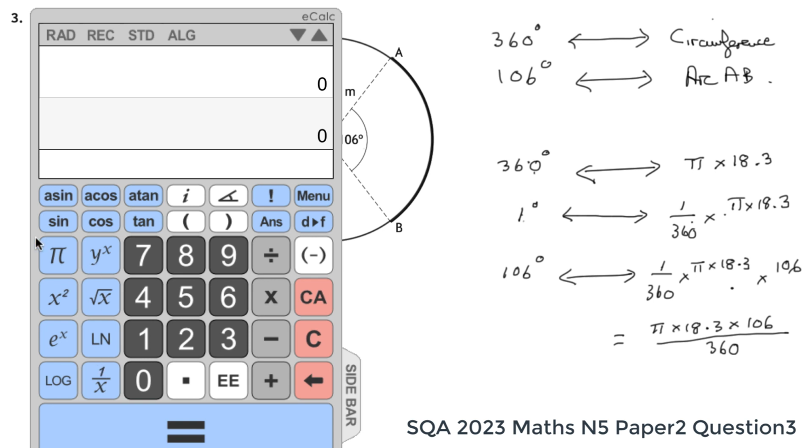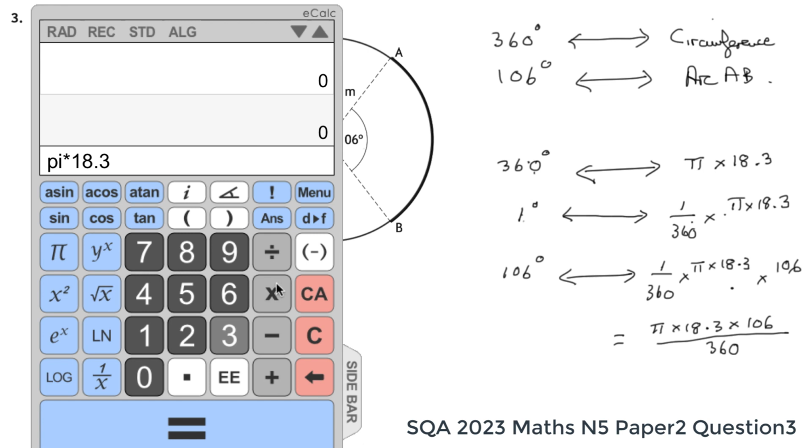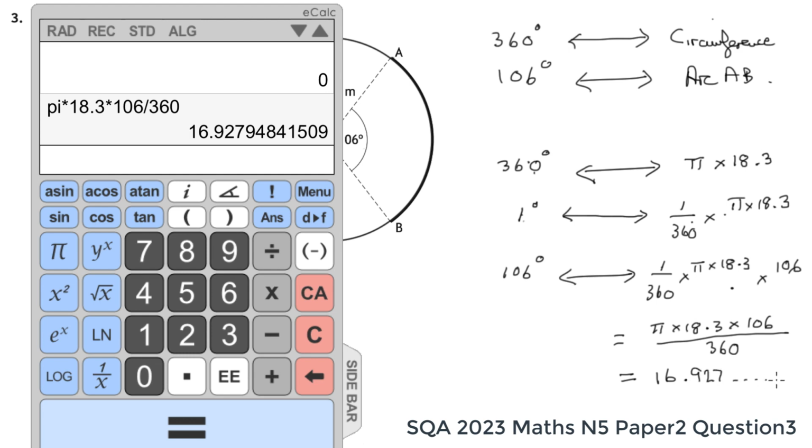We take pi and use the pi button for this, it's easiest. So pi times 18.3 times 106, and then we divide by 360, and that equals, and there's our answer, 16.927, and so on.